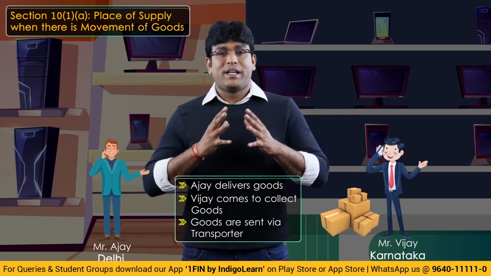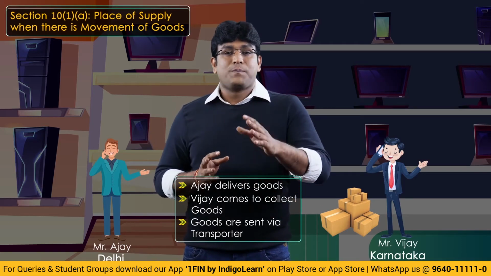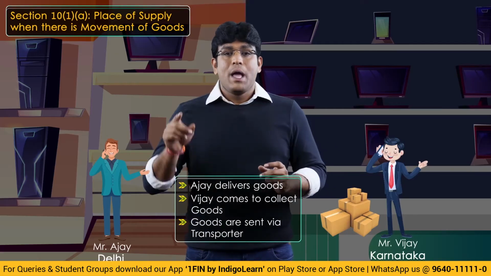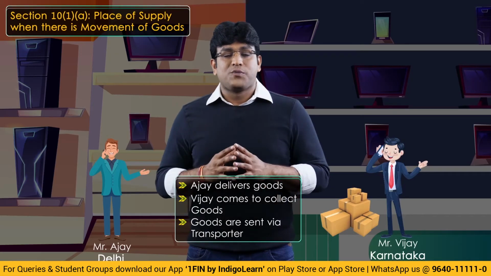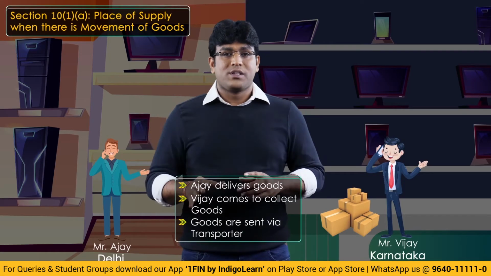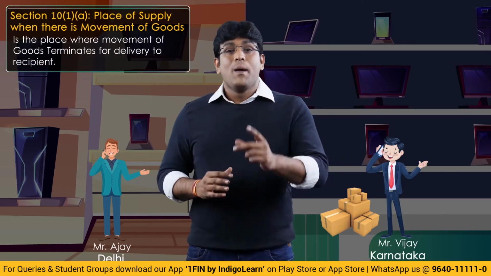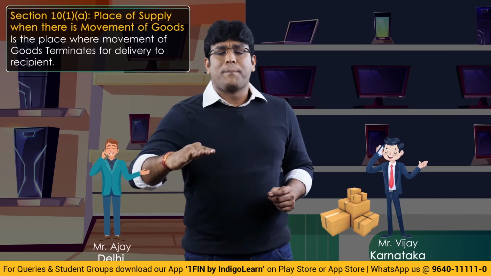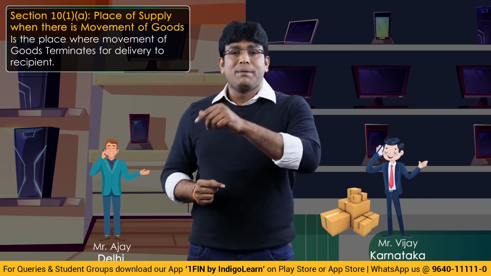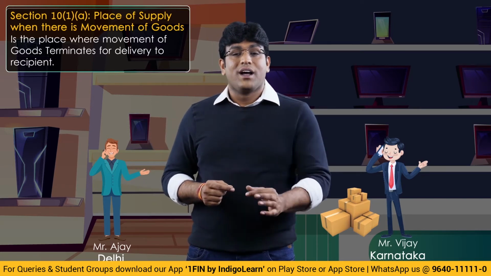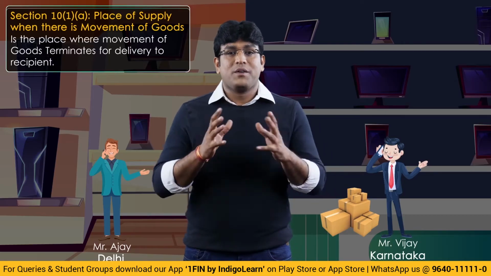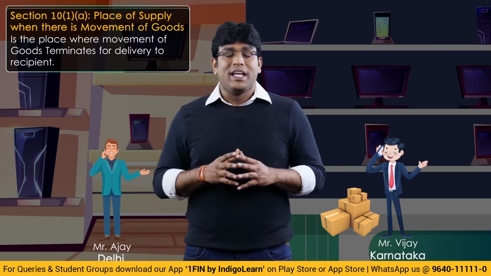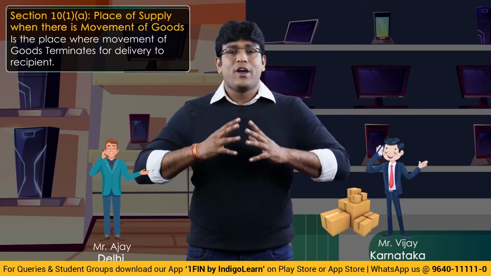Here, you have to understand that as per section 10(1)(a), place of supply in case where there is movement of goods shall be the place where movement of goods terminates. Terminates means stops: movement of goods terminates for delivery to the recipient. Observe clearly: Ajay of Delhi supplied goods to Vijay of Karnataka.